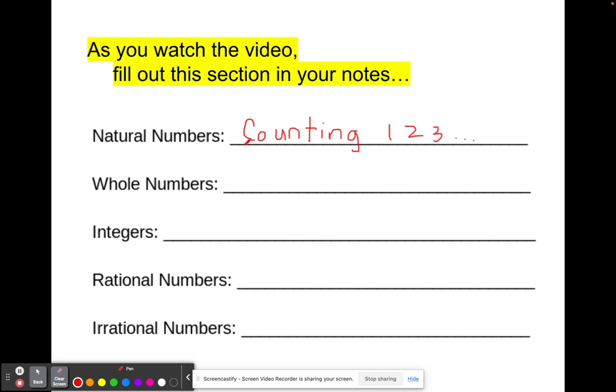Whole numbers are just your counting numbers, your natural numbers, plus 0. So it's all of your counting numbers, plus 0.